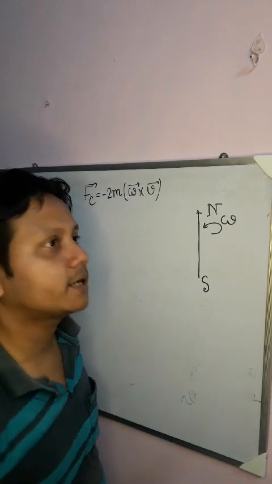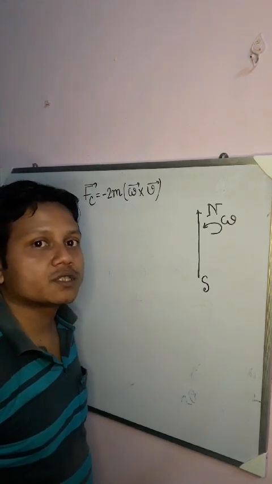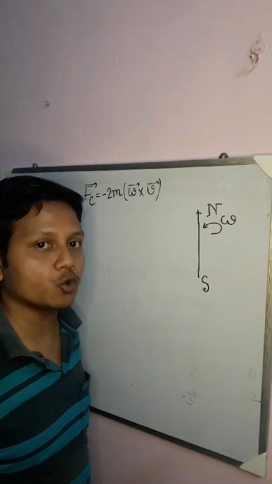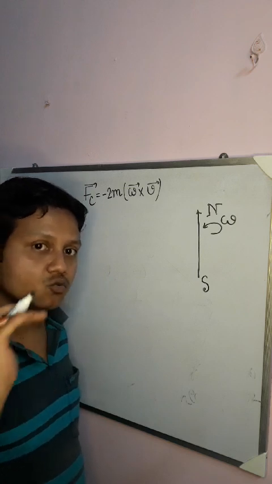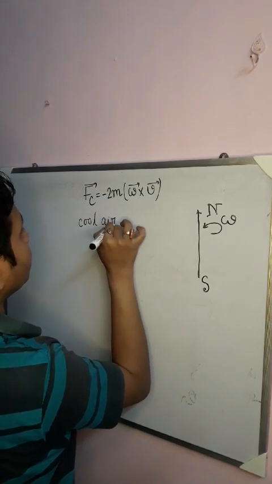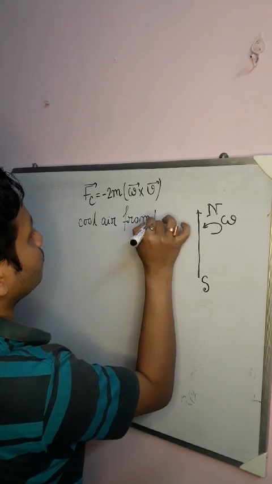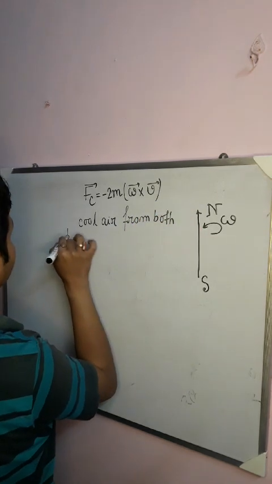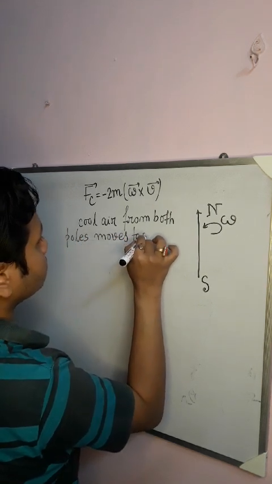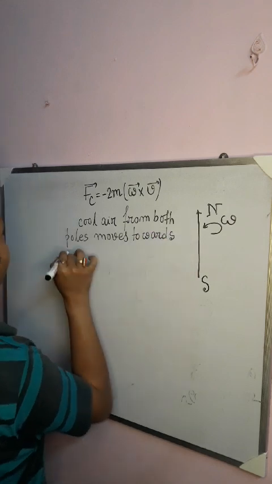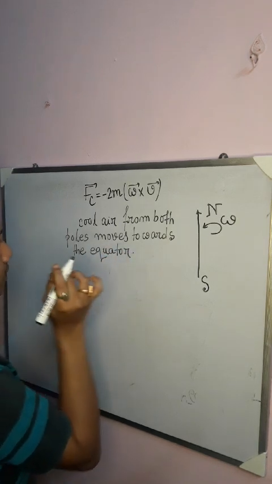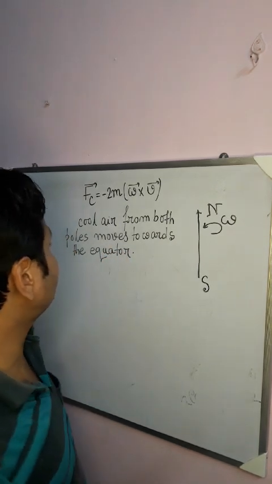Now you all know that from both the poles the cool air is moving towards the equator. Okay, the cool air from both the poles moves towards the equator.